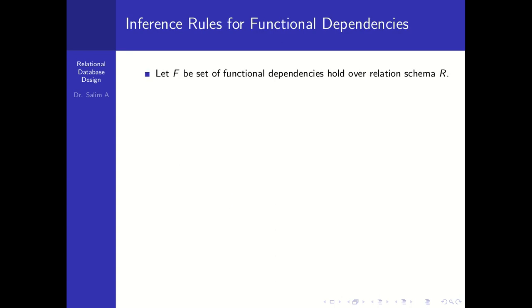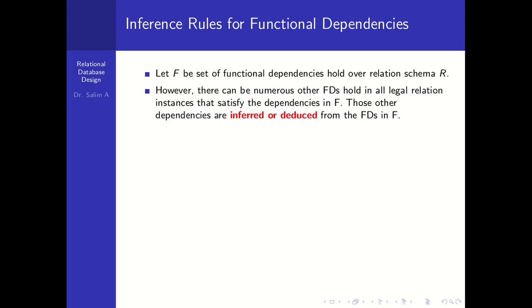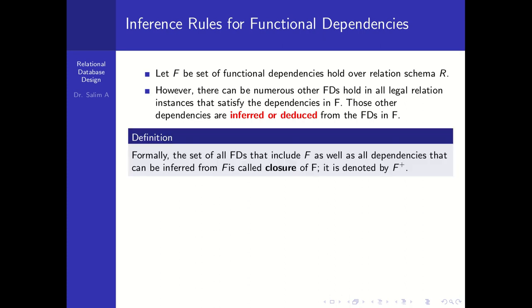Inference rules for functional dependencies. Let F be a set of functional dependencies that hold over relational schema R. However, there can be numerous other FDs that hold in a legal relation instance that satisfies the dependencies. Those other FDs are inferred or deduced from the FDs in F. Formally, the set of all FDs that include F as well as all dependencies that can be inferred from F is called the closure.